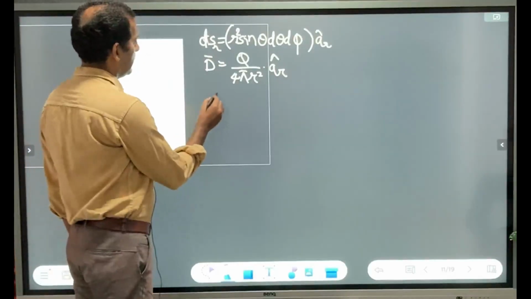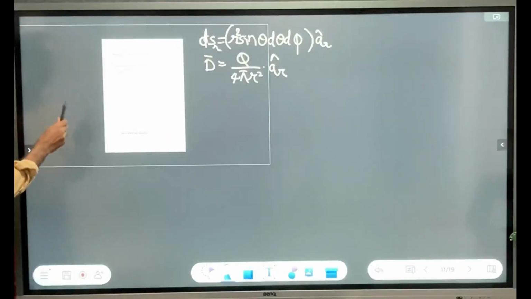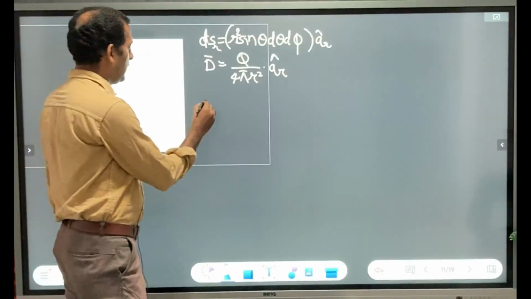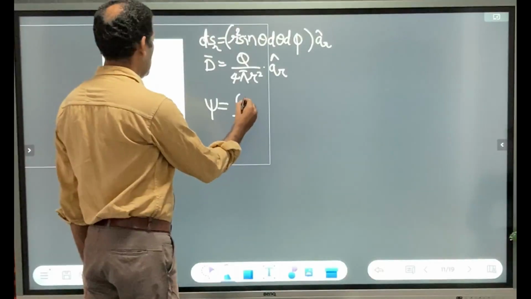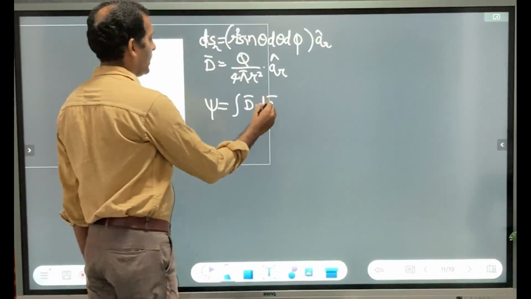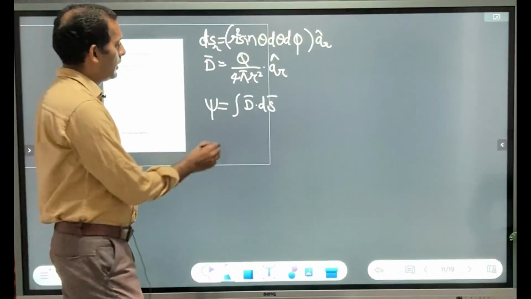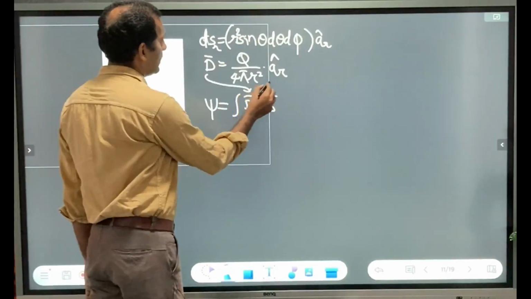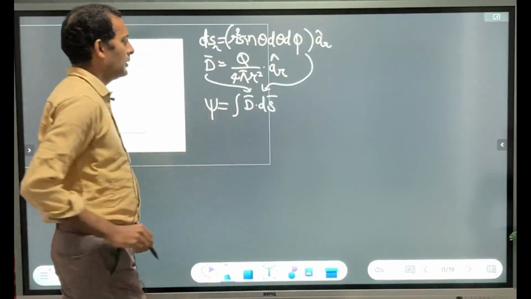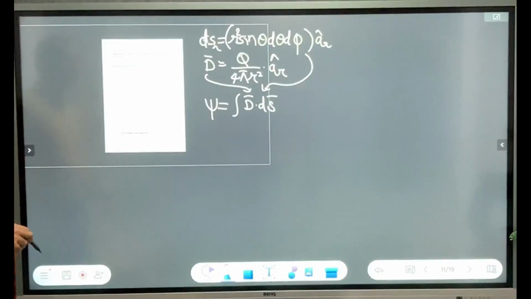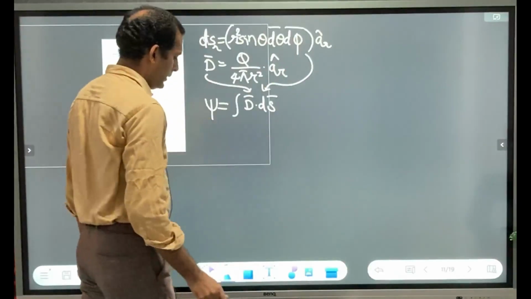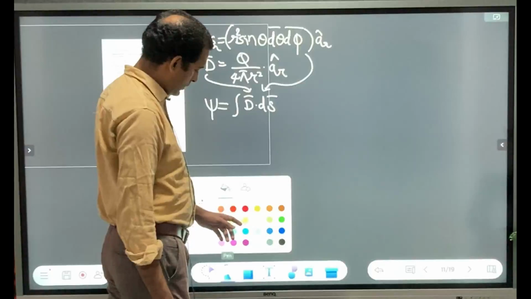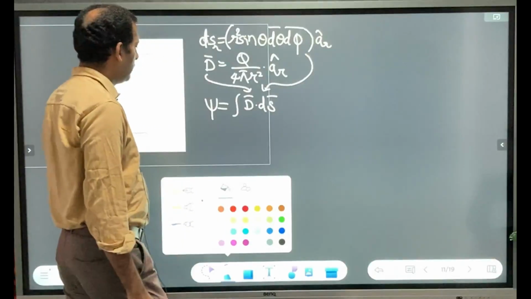Now if we want to find out the flux psi, what is flux psi? Flux psi is nothing but integration of D bar dot dS bar. So this D bar we can keep here, this dS bar we can keep here, and we can find out the derivation. So we have to derive for these two terms, phi and theta. So double integration will be involved.